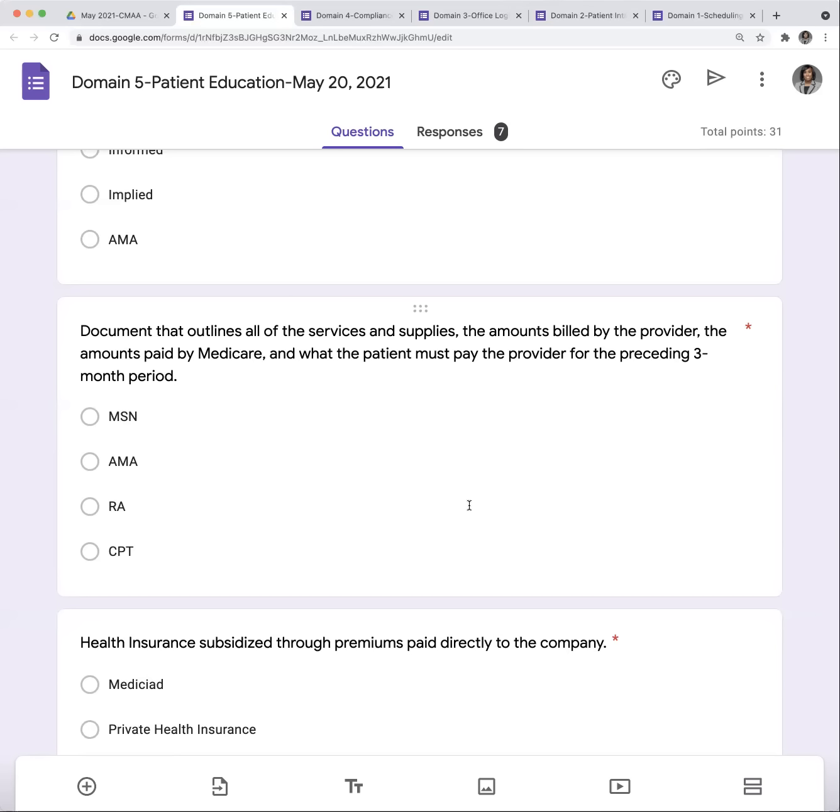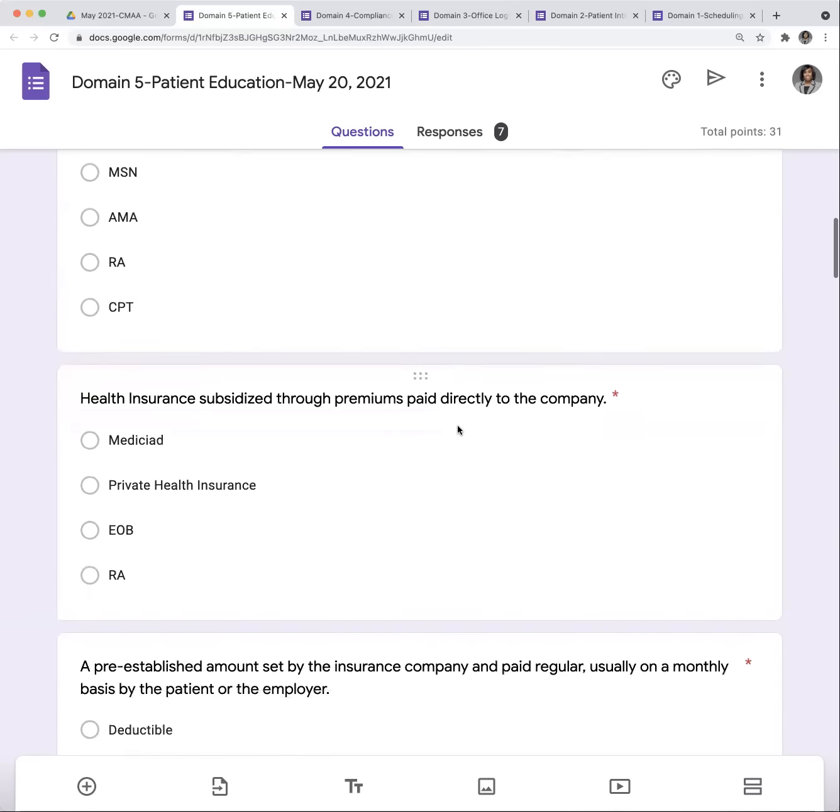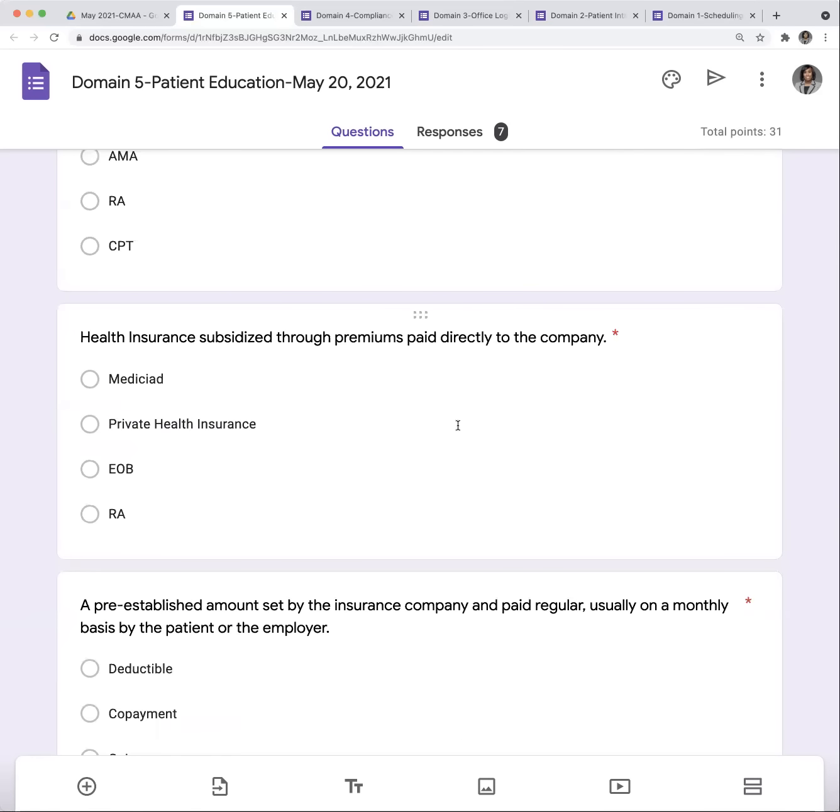Is it an RA? RA is the letter that is sent to us. So, MSN. Yeah, Medicare, they don't call it an EOB, they call it a Medicare summary notice. Health insurance subsidized through premiums paid directly to the company.